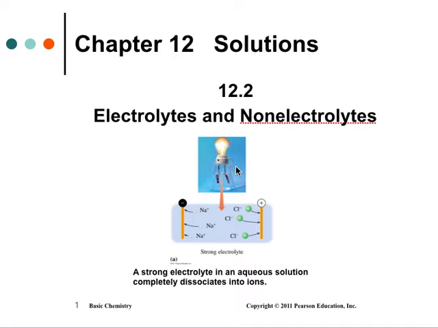Some things will dissolve instantly, some things will dissolve slowly, but because it's going from the outside of a particle to the inside of, say, a crystal, every single one of those sodiums and chlorines eventually will be dissolved. So we have some definitions, but we're going to look at ones that completely break apart, some that break apart only partially, and then some that don't break apart at all.